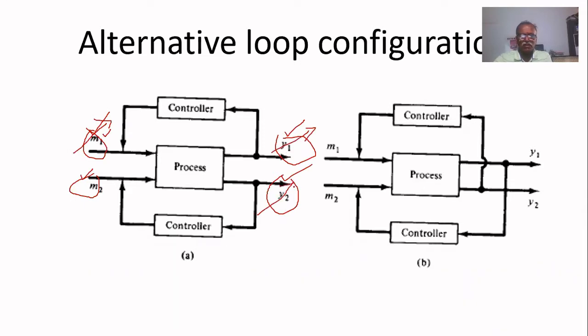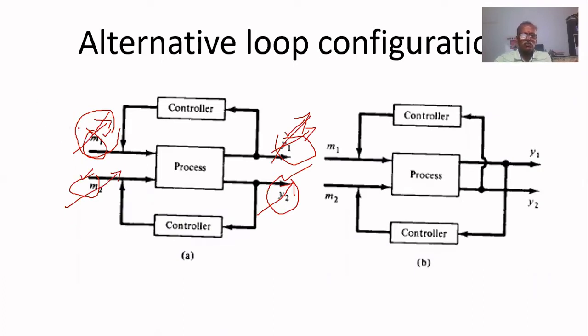That is called interaction of M1 with Y2. We want to change M1 to change Y1, but Y2 is also changing. Similarly, if we change M2, then Y1 is also changing. Because of interaction, we should select the appropriate manipulated variable that gives minimum interaction.